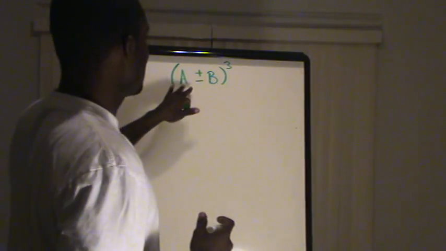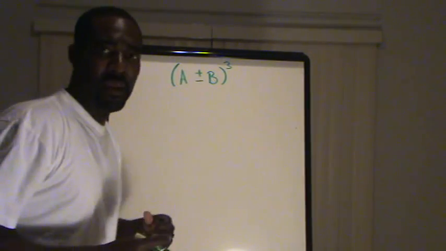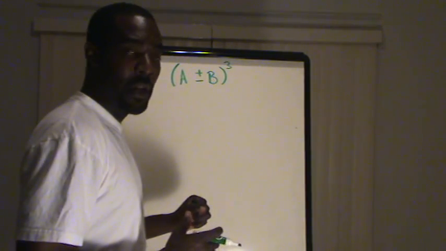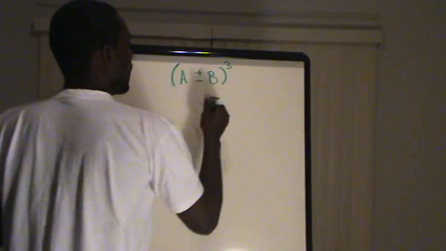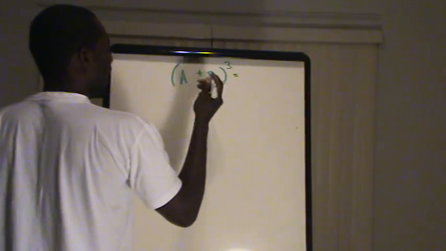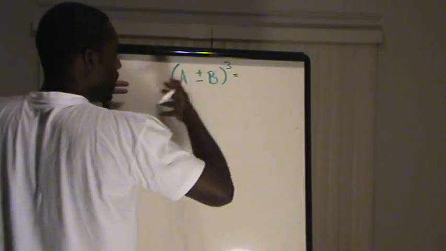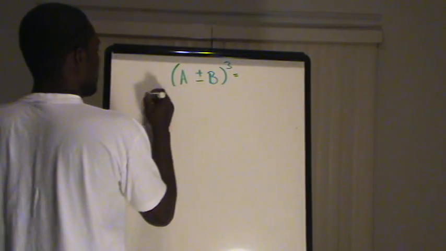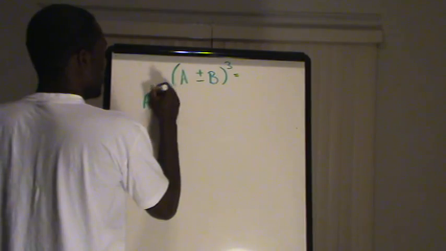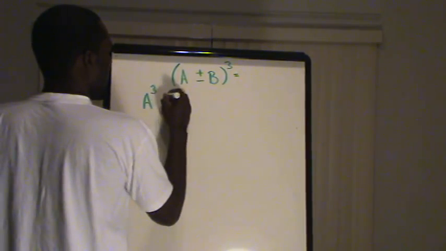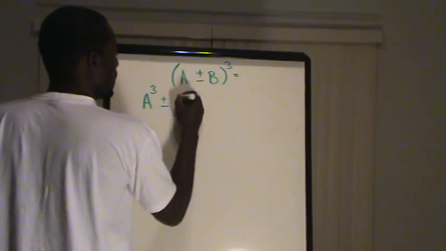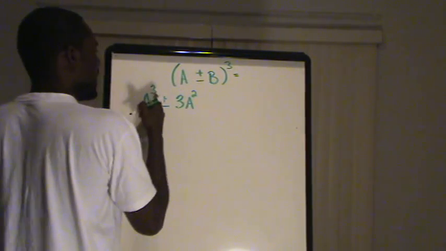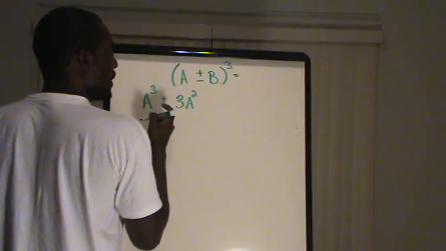So if you have A and B being monomials, and you're either adding or subtracting them and you cube, well, the expanding, the product, will be A cubed, plus or minus 3A squared B. Notice how the exponents are decreasing.